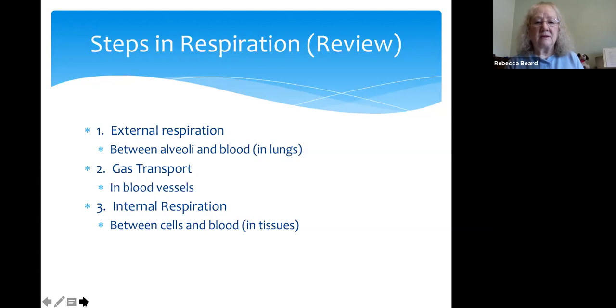And then there's the gas transport that happens in the blood vessels all over the body, where oxygen and carbon dioxide are being transported around. And then there's the internal respiration that happens between the cells and the blood, and this happens in the tissues. Okay, so we're going to get into a little bit more detail in some of these respiration steps today.